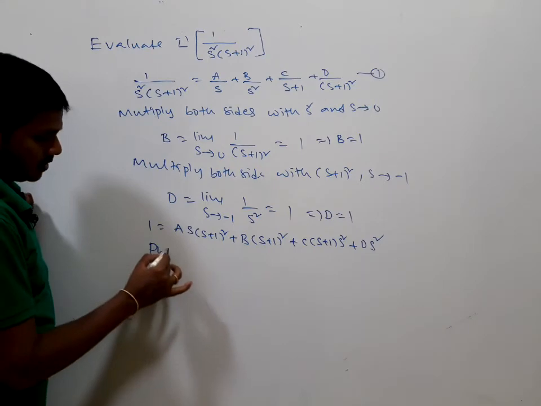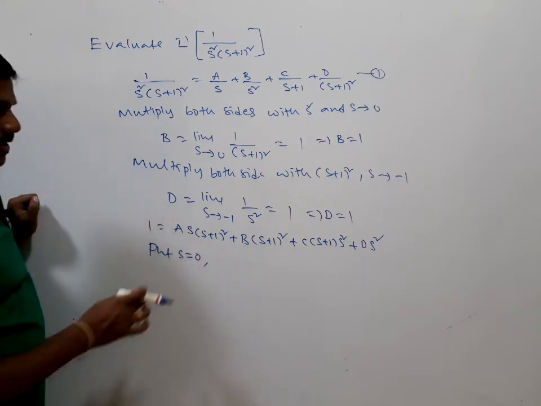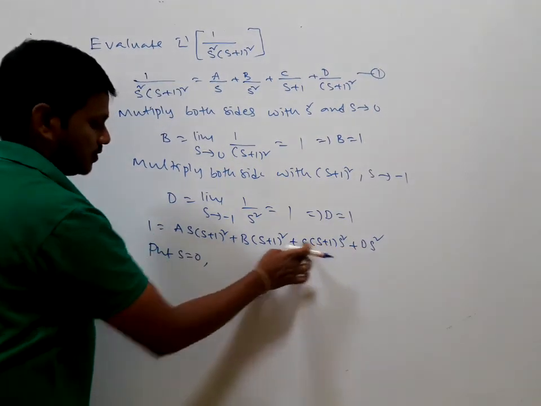So put s equals 0, these three terms become 0 here.